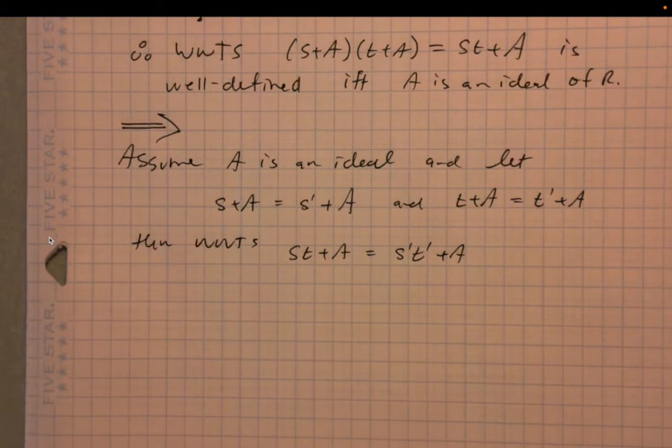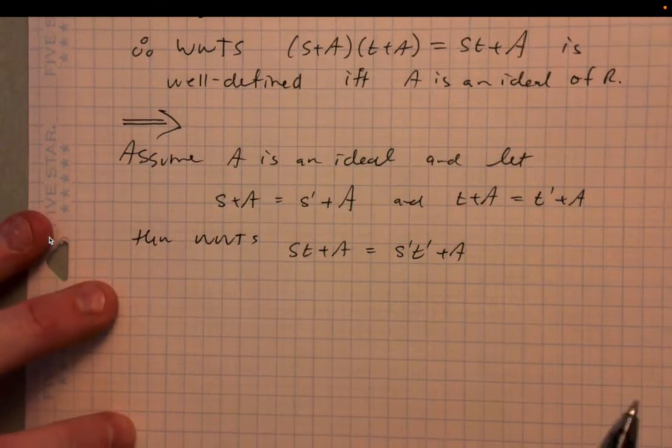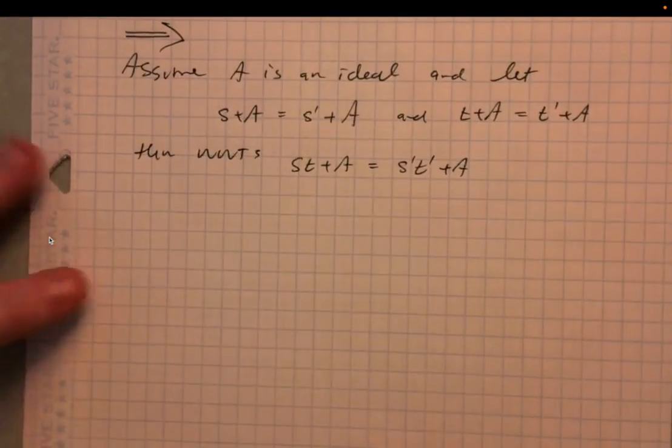That would follow: if S plus A is equal to S prime plus A and T plus A is equal to T prime plus A, then when I multiply, I need to retain that fact. And this is fairly easy to do, actually.